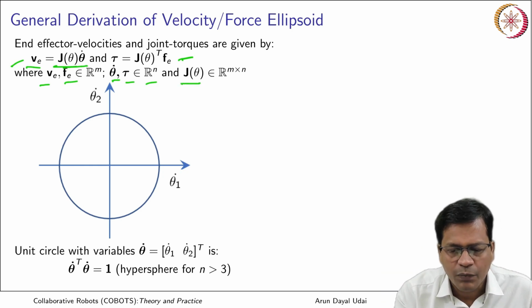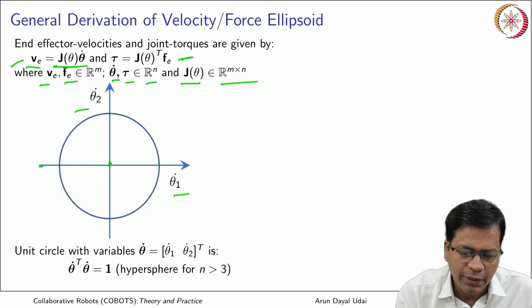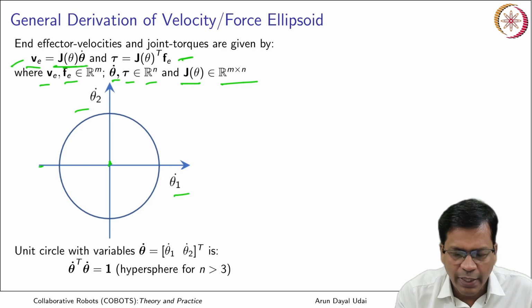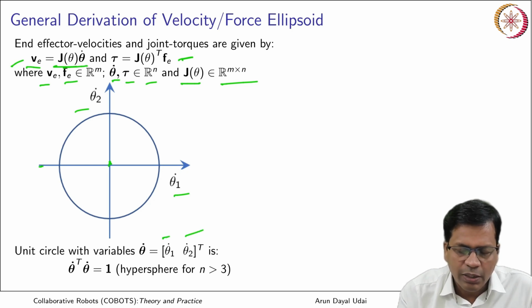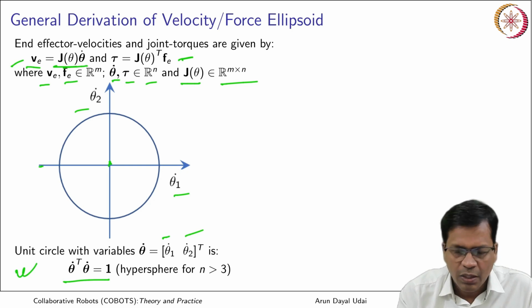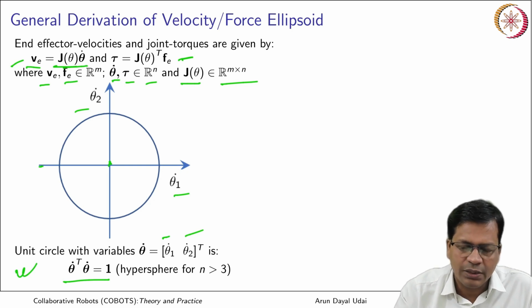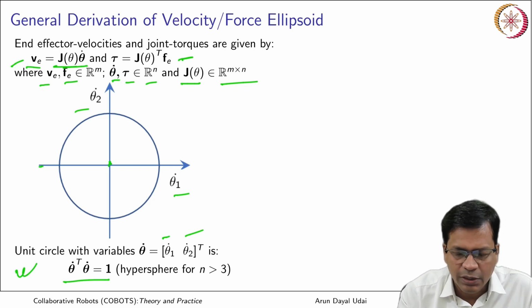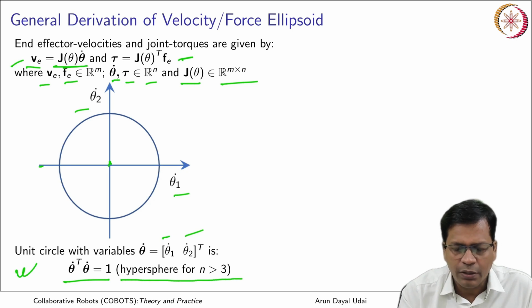The Jacobian will have m cross n dimension. If you draw along theta 1 dot and theta 2 dot, the unit circle equation for this would be theta dot transpose theta dot is equal to 1. So in case of a theta 1, theta 2, theta 3, 3-variable system, it would be a sphere for 3 degrees of freedom, and a hypersphere for n greater than 3.